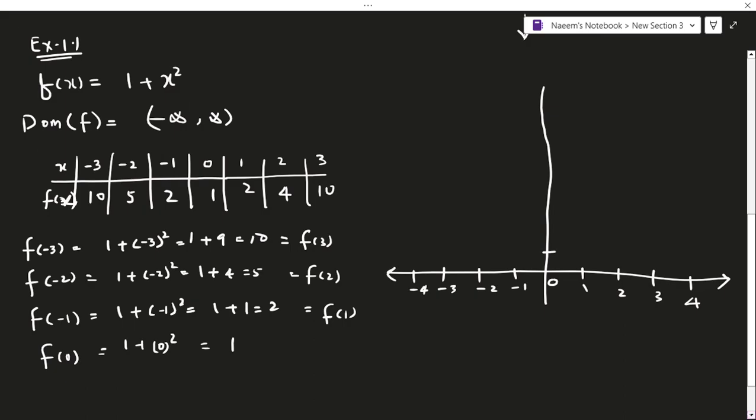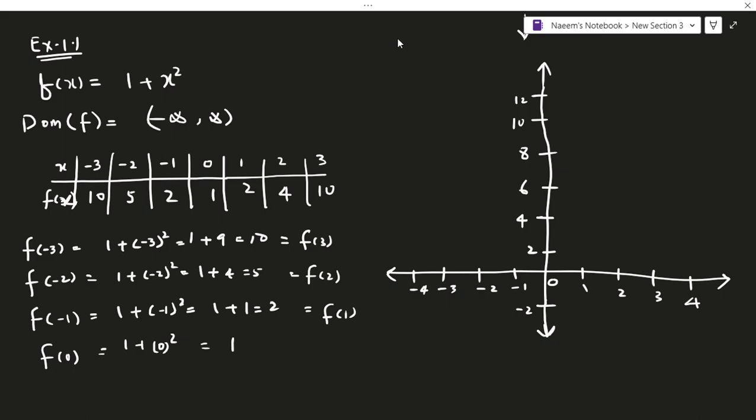So we have 1 to 10, 2, 4, 6, 8, 10, 12, -2. Okay. So plot these values.